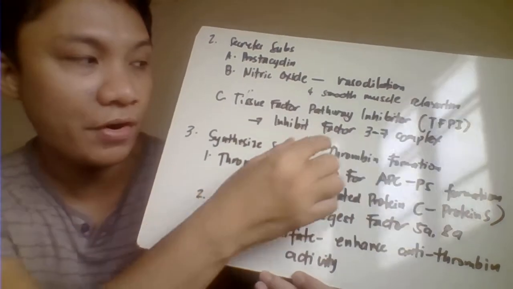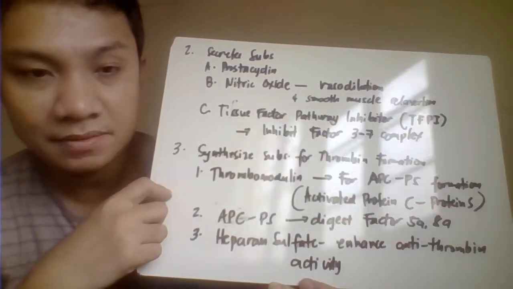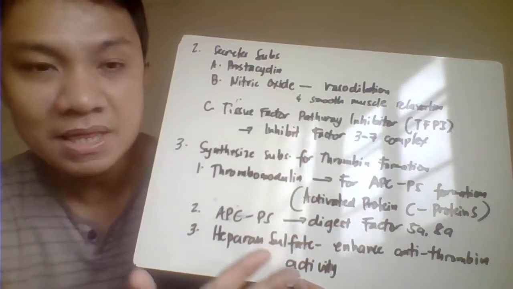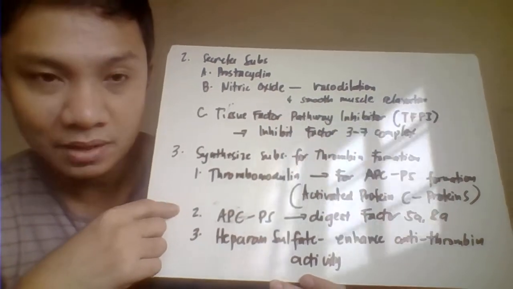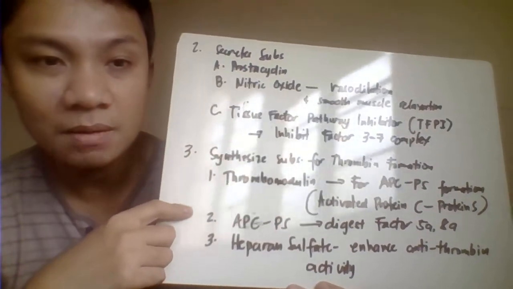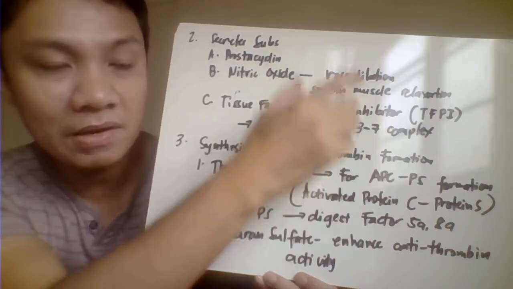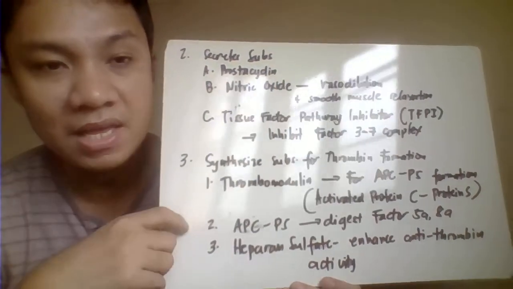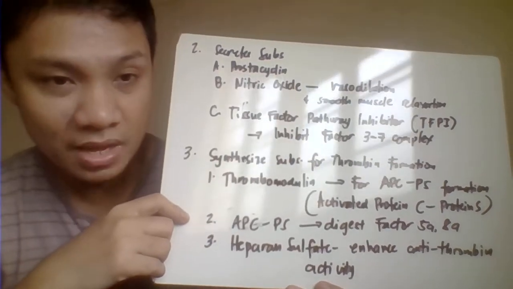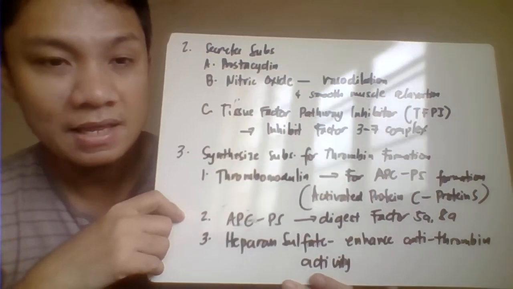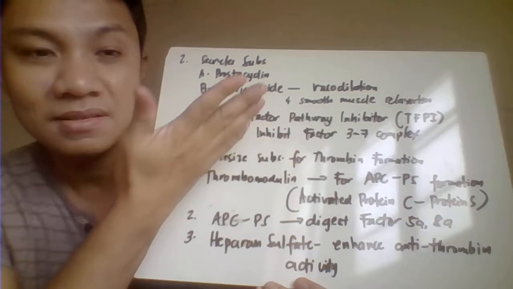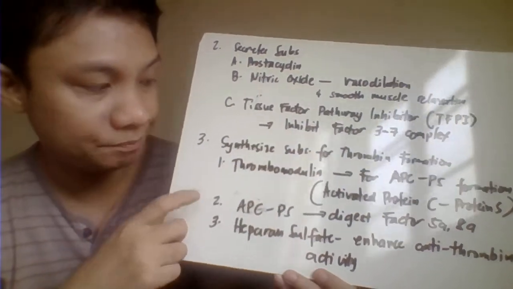This is an inhibitor for your factor 3-7 complex. Again, pag nag-inhibit ang any of your coagulation factors, it will not proceed with the clotting process. Since ito ay inhibitor ng factor 3-7 complex natin, therefore, hindi ma-activate ang ating extrinsic pathway, and therefore, wala kang clotting process. Again, so making this one your anticoagulant.